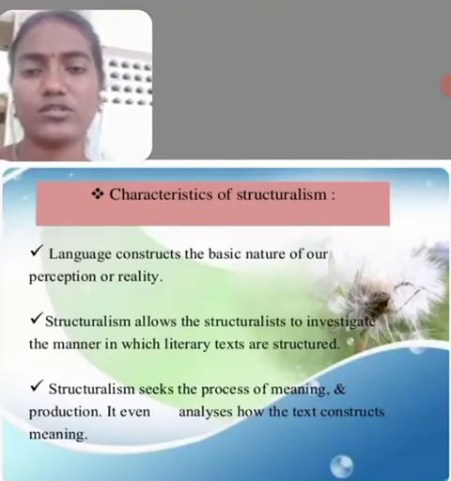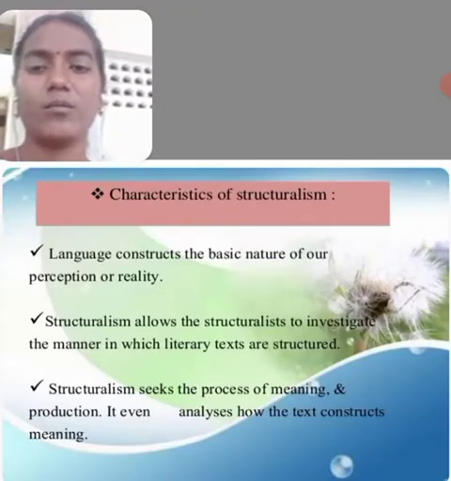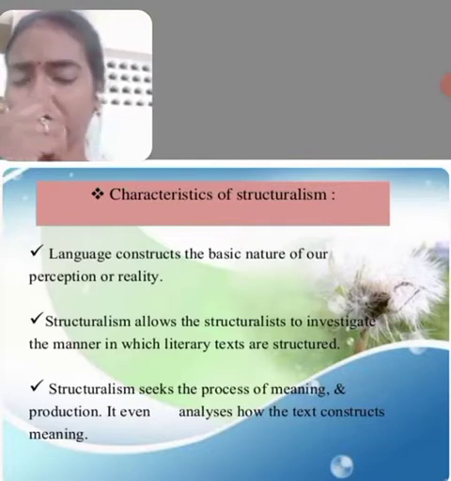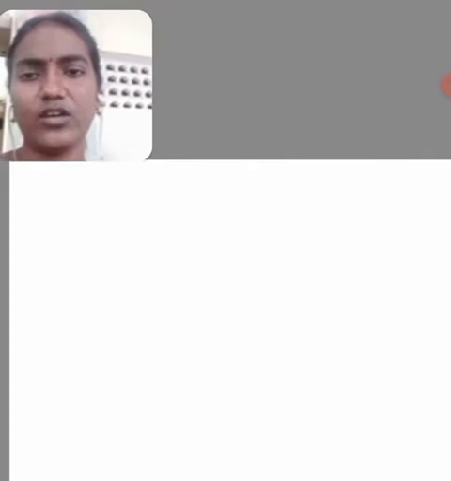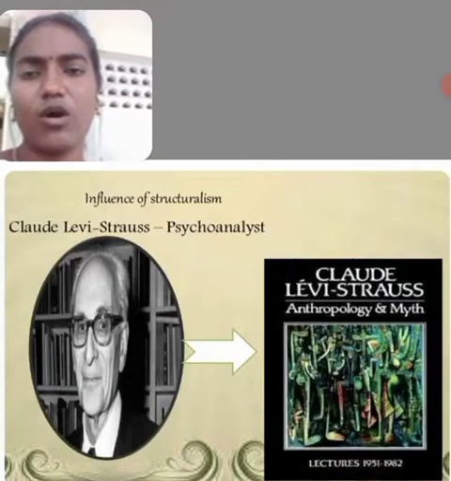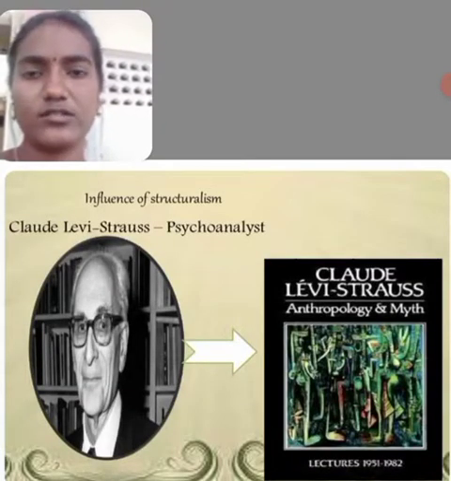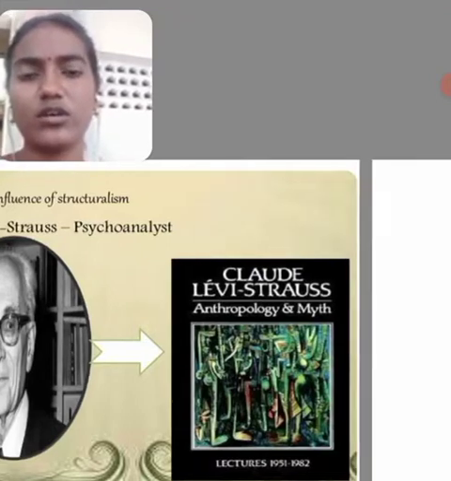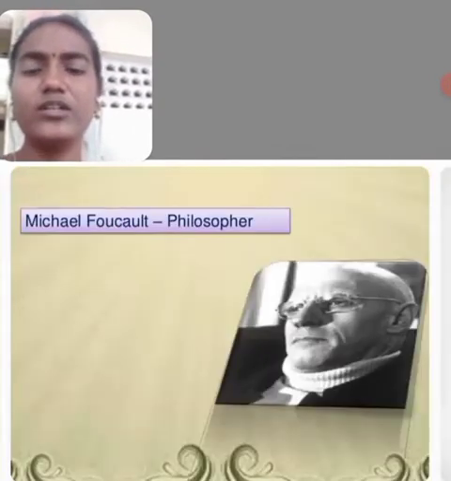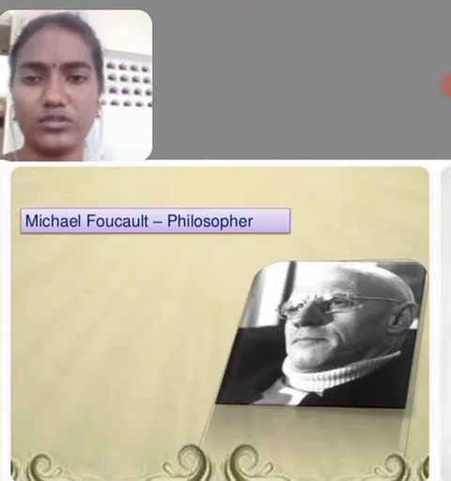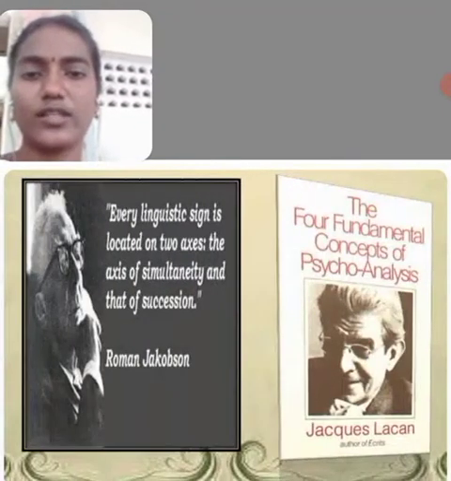Characteristics of structuralism: the basic perception is that the text constructs the meaning. Claude Lévi-Strauss, and the psychoanalyst Jacques Lacan, speak about structural anthropology, and Roman Jakobson and Jacques Lacan are fundamental theorists who took structuralism to other levels.